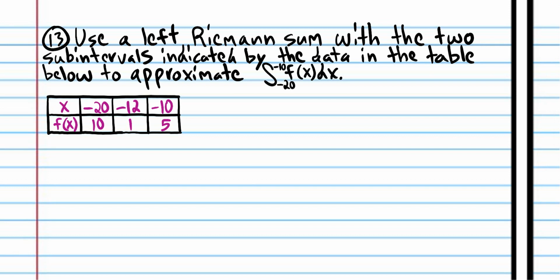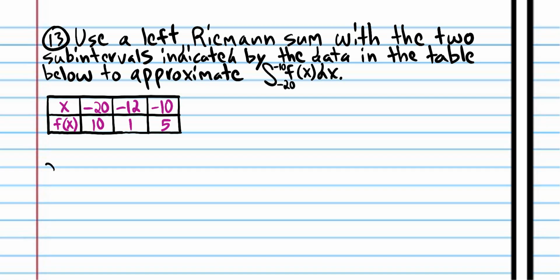Now we're using 2 subintervals to approximate the area between the graph of f of x and the x-axis. And what that means is we're using 2 rectangles to approximate the area. Only 2.